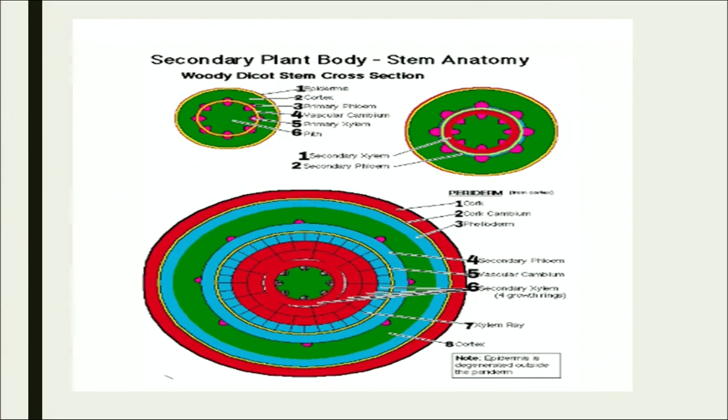Secondary xylem and secondary phloem have a lot of xylem tracheids and vessels, and they are stronger. They make the actual wood, the wood portion which you see in the trees, in the stem, in the roots. So, that hard woody portion develops due to secondary growth in the plants.